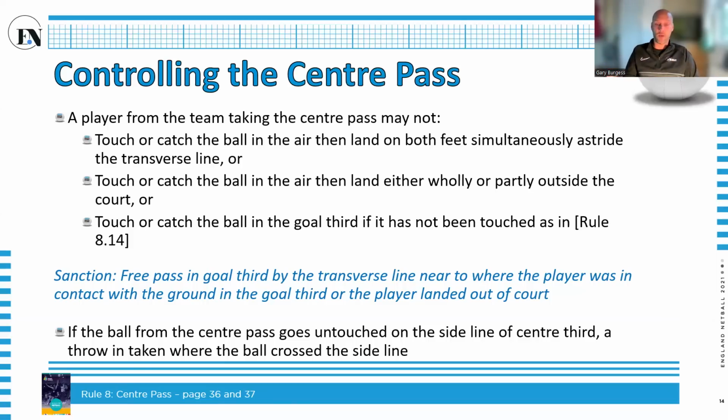And that again goes back to the thought process that the first rule infringed is the centre pass rule, not the controlling the centre pass rule. And that's why you have a throw-in instead of that. But it's well worth reading pages 36 and 37 just to get your head around that. It will be unlikely to actually happen very often, but as we always say, if you don't expect the unexpected, when it does happen, you might not remember that that's where the sanction's taken.